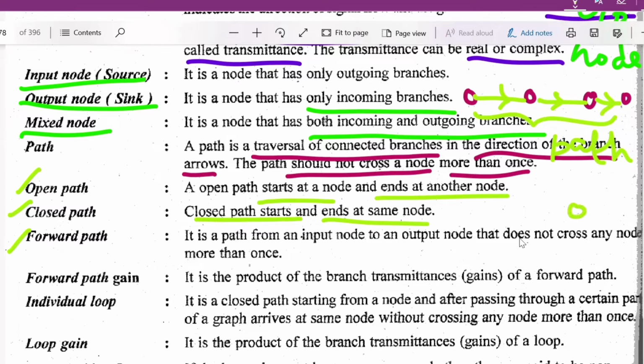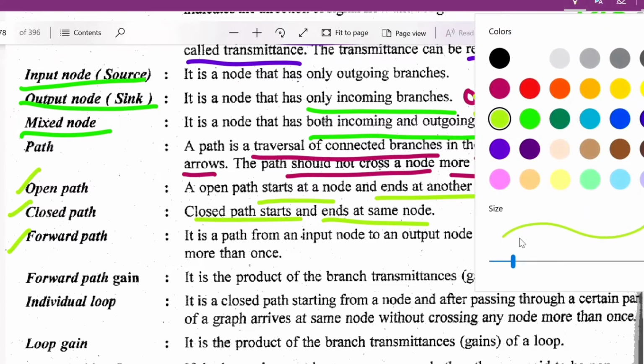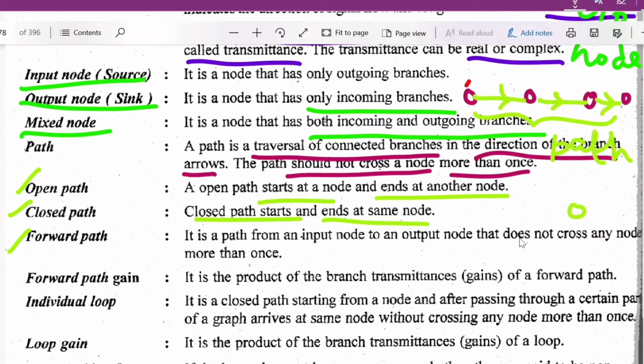See here, we have an example with this. This path starts at one node and ends at another node. See, if we have a path like this, it starts and ends at the same node, then it is called a closed path. Then a third category is a forward path.